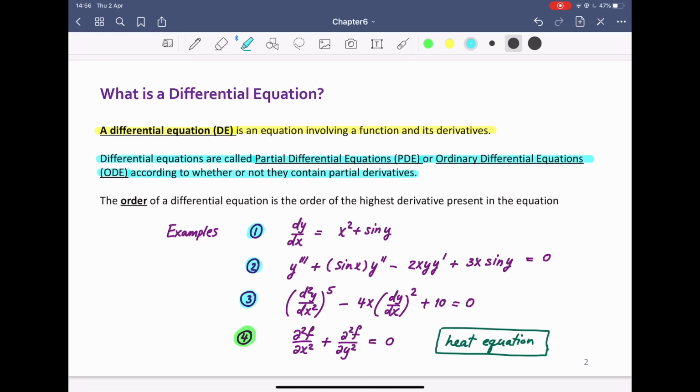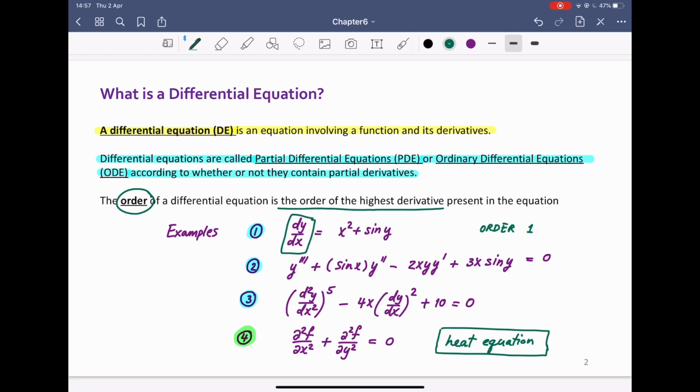So let's talk about another terminology here, which is called order. The order of a differential equation is the order of the highest derivative present in the equation. So you have to look at the order of the highest derivative. For example, equation number 1 here is a differential equation of order 1 because the order of the highest derivative is 1. Here is dy/dx, right?